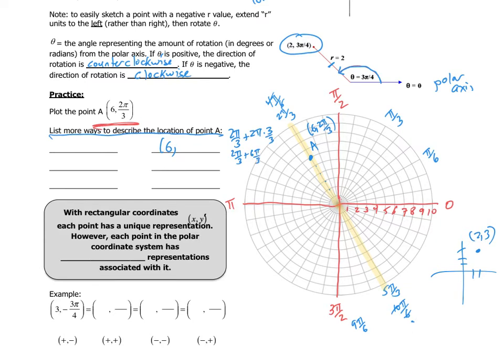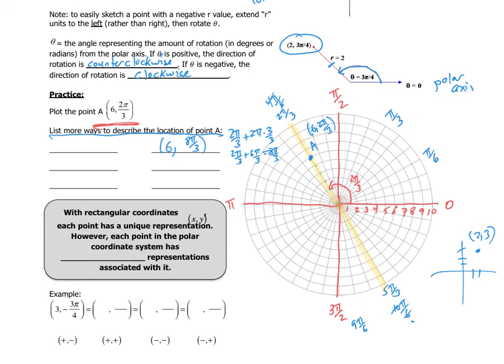So 2 pi over 3 plus 6 pi over 3 is 8 pi over 3. So another perfectly valid name for the point A, 6, 2 pi over 3, could be 6, 8 pi over 3. Initially we had a rotation of 2 pi over 3, but we could go around one more time, and that gives 8 pi over 3. That's another valid name for this angle.